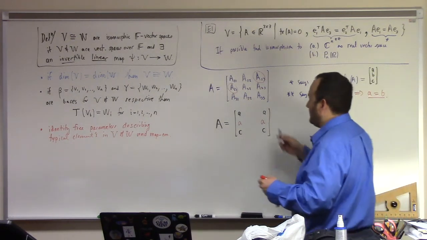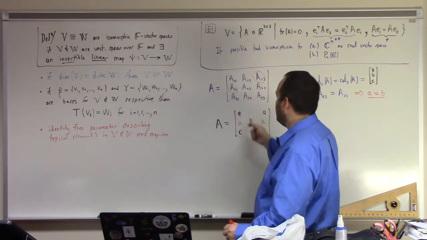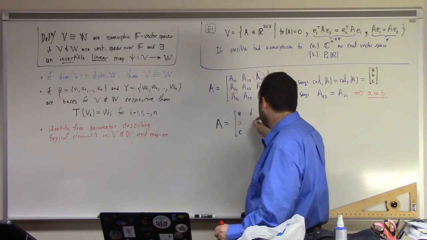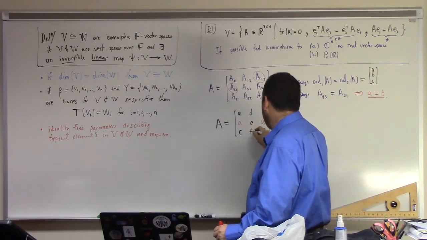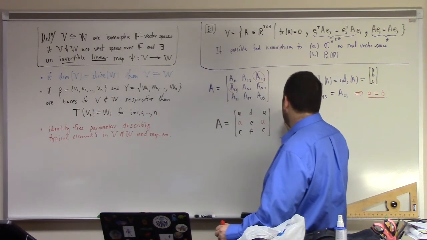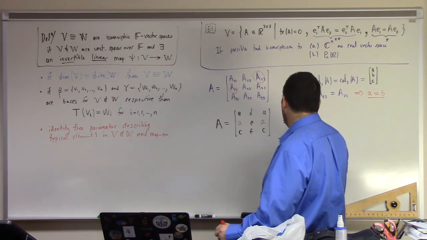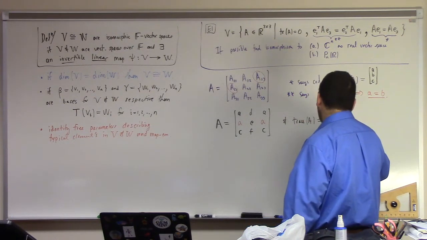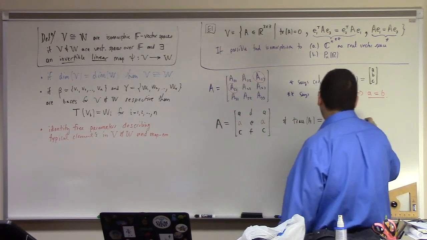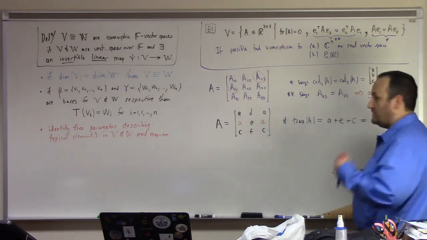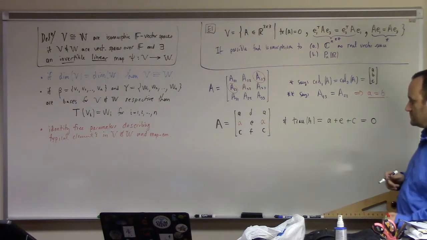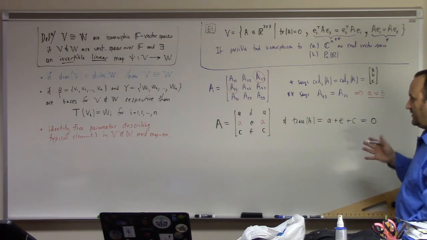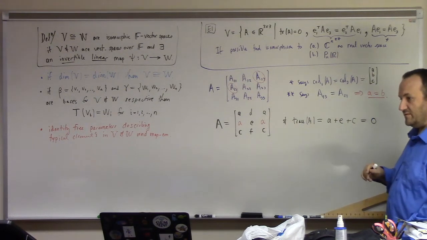So do you guys want to stick with A11, A22, A32? I don't. I want to go and say d, e, f, right? Just because, well, less writing. And the trace of A then is equal to a plus e plus c. And we said that the trace was 0, right? So that means we can get rid of one of the letters in place of the other two.